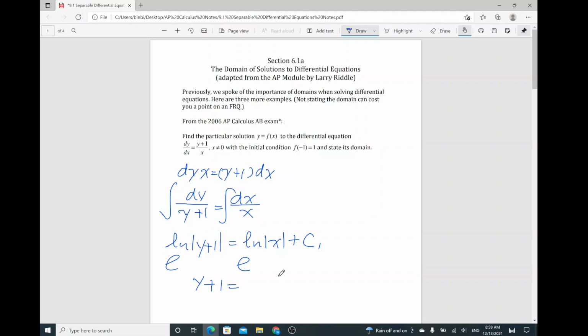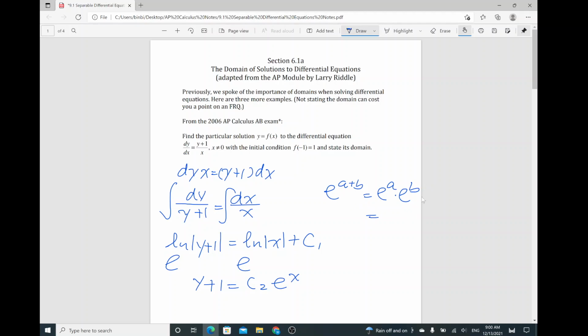And then the right hand side is just c2 times e to the power of x. Again, e to the power of a sum, e to the power of a plus b, is the same thing as e to the power of a times e to the power of b. So e to the power of b is a brand new constant, which we call c2.